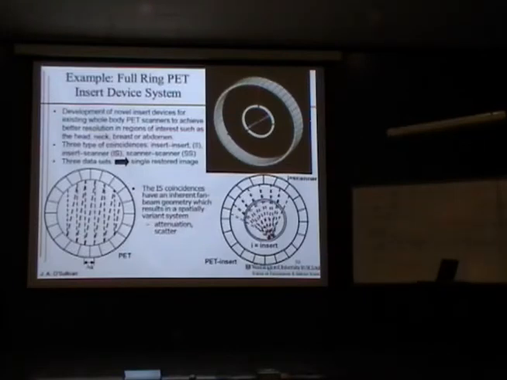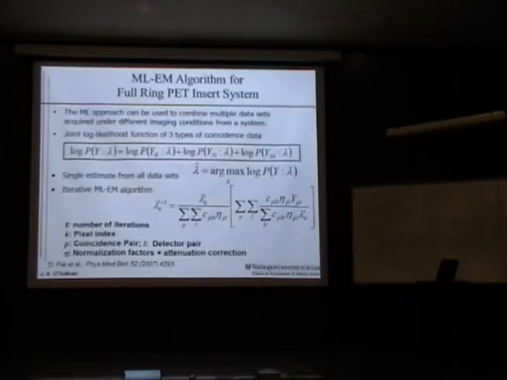So new computations have been developed, setting up a new joint log likelihood function to account for the 3 different coincidences, or types of data sets that result, right?